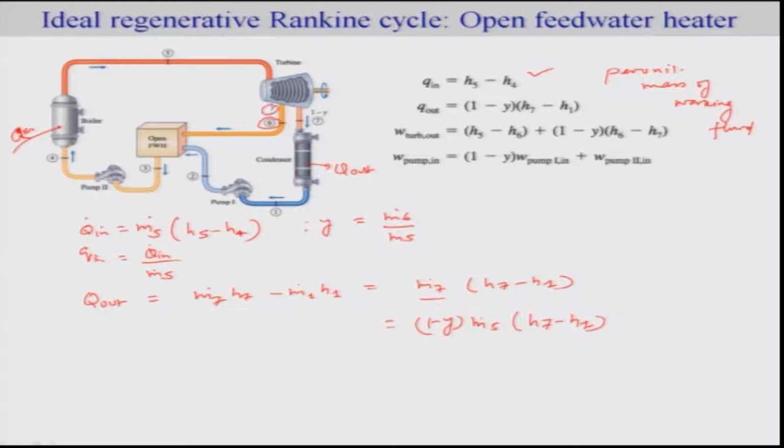So, this is a fraction of 5 which goes to 6 and the rest of them goes to the 7 stream. So, thus 1 minus y is going to be m7 by m5. Okay. So, this is your Q out. Thus, your Q out as a per unit mass of working fluid is 1 minus y times H7 minus H1. And similarly, you can also evaluate the work for the turbine out, that is your T out, okay, and the total work done by the pump. Okay. So, you can derive these expressions.